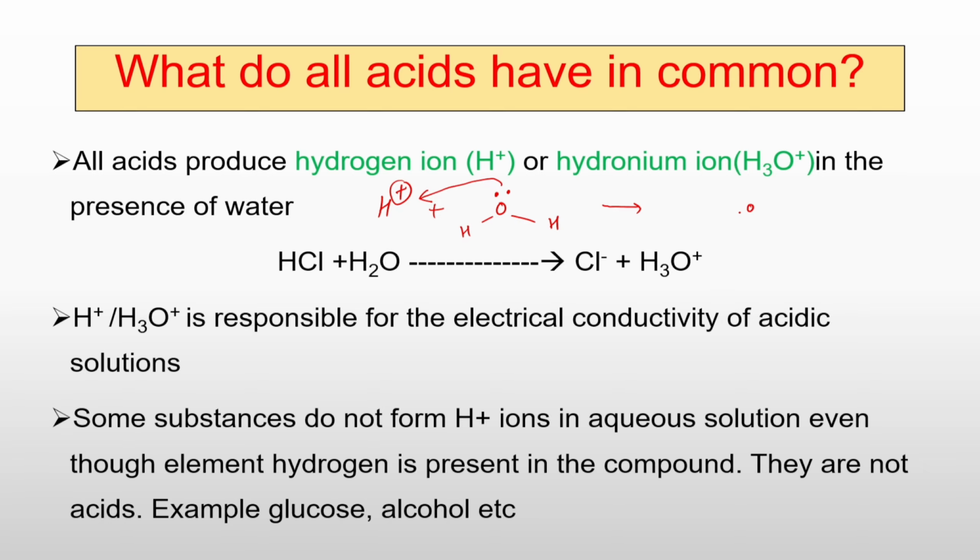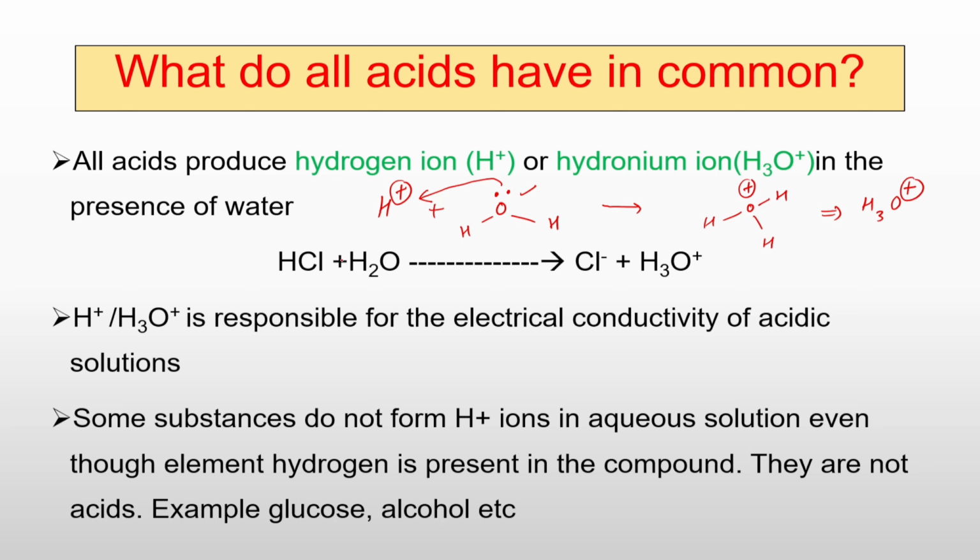So it forms O with three hydrogens. And since this oxygen is giving its electron pair, it acquires a positive charge. That is why we say this is H3O plus. This is called the hydronium ion.